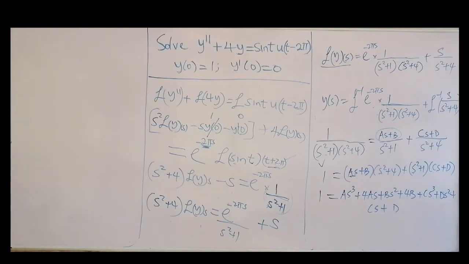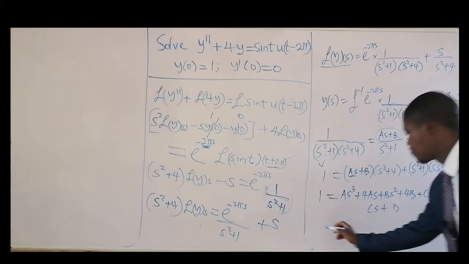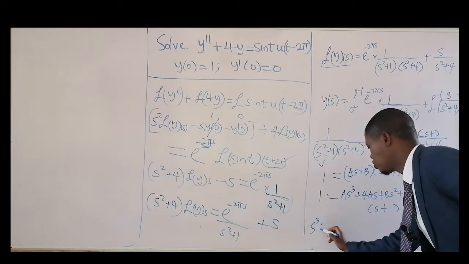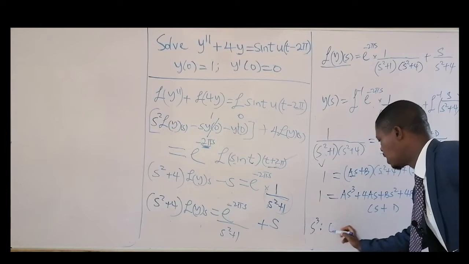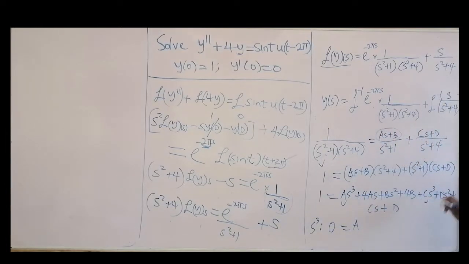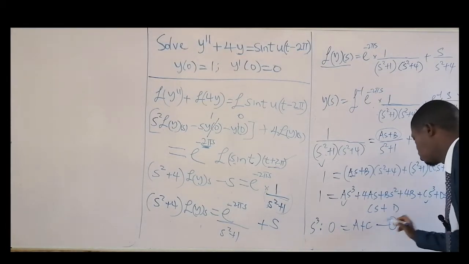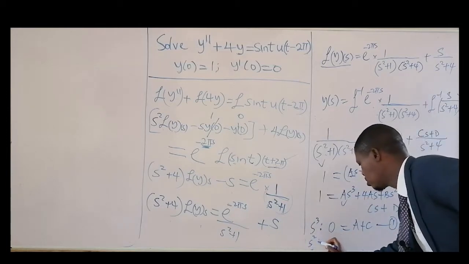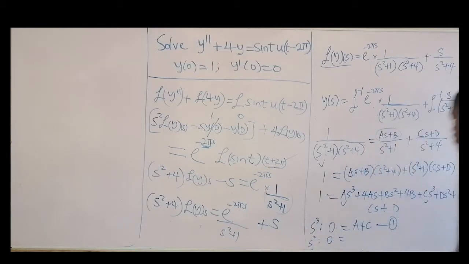So let's equate coefficients. For s cubed, on the left we don't have that, so it is 0. That will be a plus c, the coefficient of s cubed. That's equation 1. The coefficient of s squared we also don't have on the left.